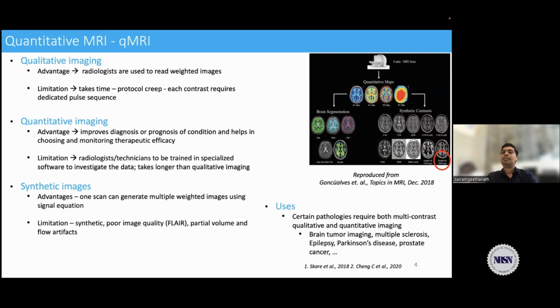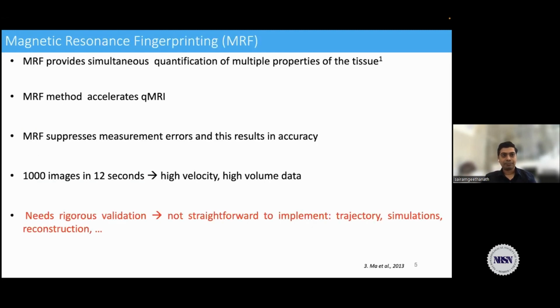The use cases for using quantitative and qualitative imaging exist in certain pathologies like brain tumors, multiple sclerosis, where the protocols mostly demand qualitative imaging, but would also like to have access to certain quantitative measures such as a T2 map, for instance, or an ADC map. In some cases, even an FA map. So there are these use cases where you need both.